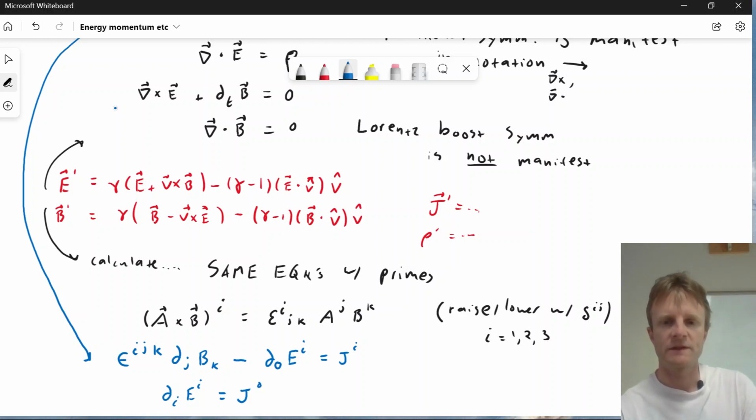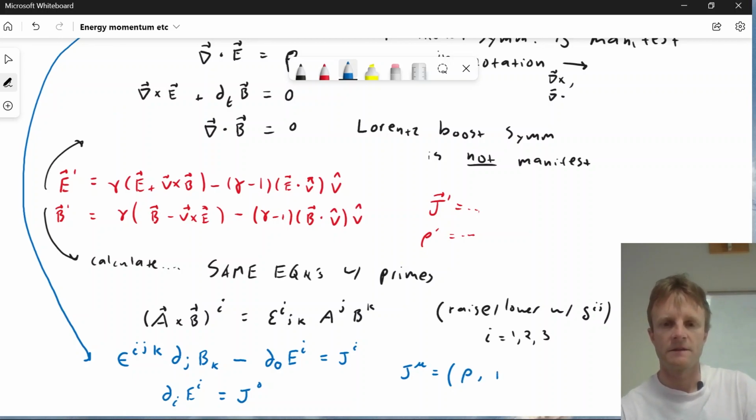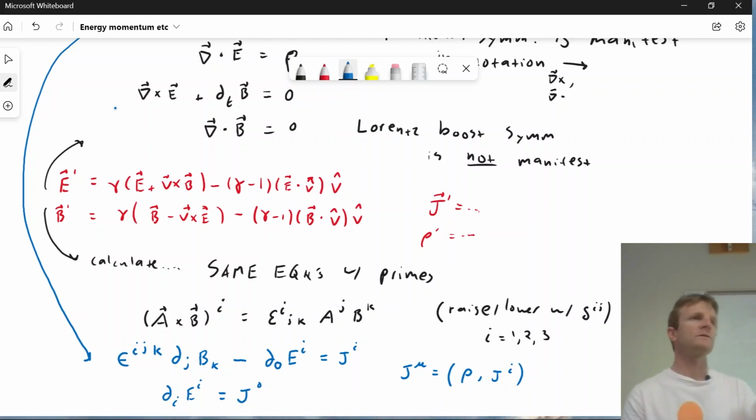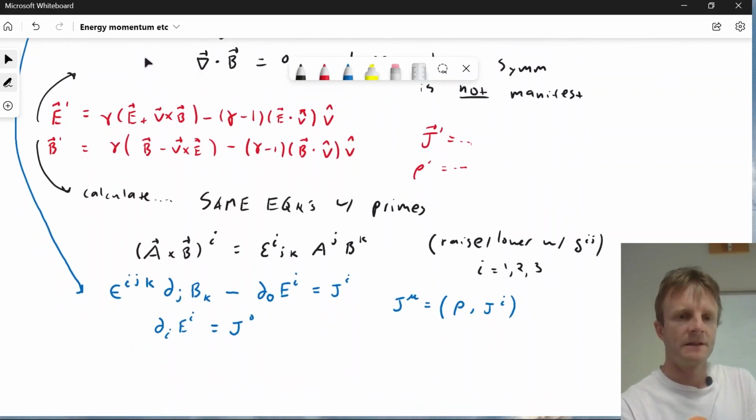I'm introducing now J^mu, a four-vector composed of J^0, which is rho, and the three spatial components J^i of the current. So we're sandwiching the charge density rho with the current density J in a four-vector. And you'll see why, because that's what works. Then we have to keep going.